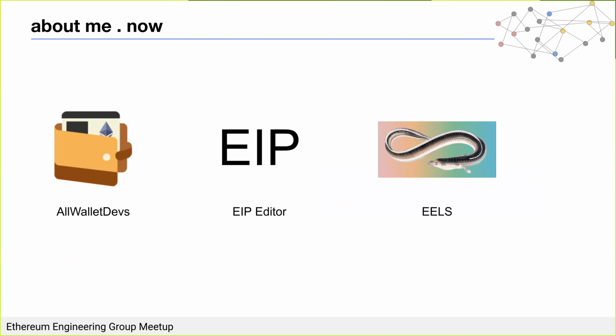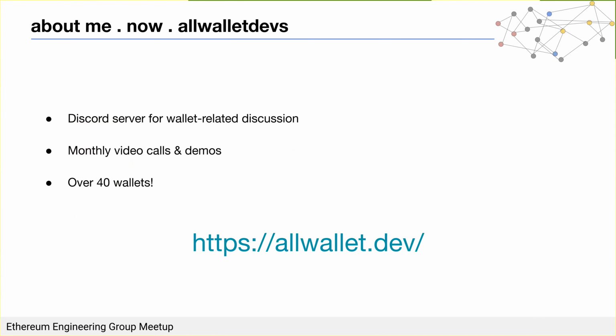I work on 3 major projects at the Ethereum Foundation, and I'm going to take this opportunity to shill all 3 of them. I work on All Wallet Devs, I'm an EIP editor, and obviously I maintain Eels as well. All Wallet Devs is a Discord server for wallet-related discussion. We have monthly video calls and demos, and we have over 40 wallets. Come check us out. It's a fun time.